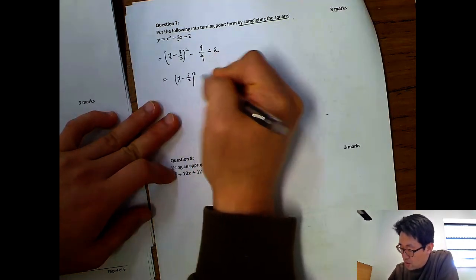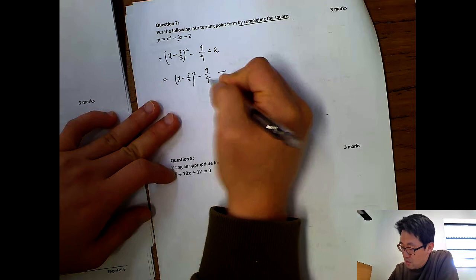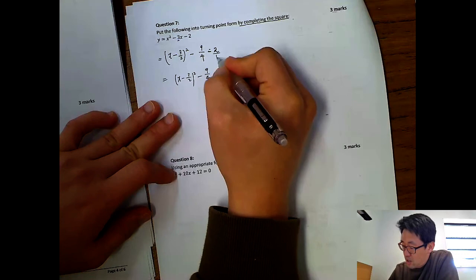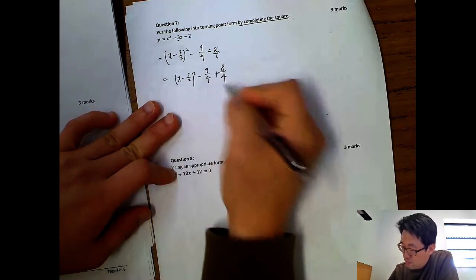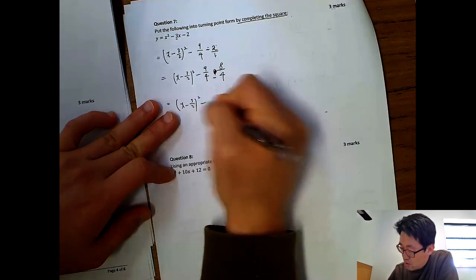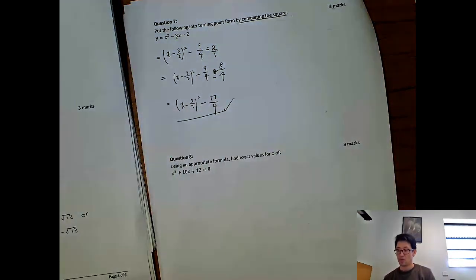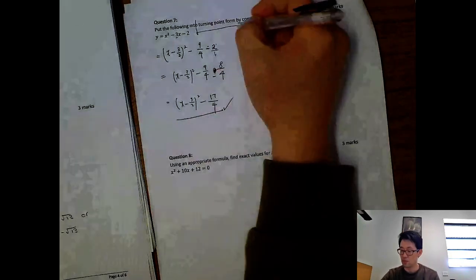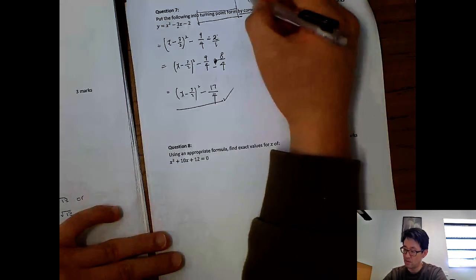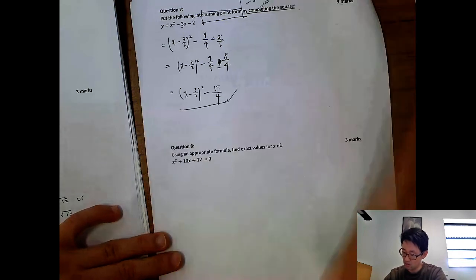To solve this, what is minus 2? Common denominator, so I go 4, so times 4, 8. Sorry, it's minus there. x minus 3 on 2 squared minus 17 over 4. That's turning point form. Okay? Turning point form, or power form, or vertex form. They're all the same thing.